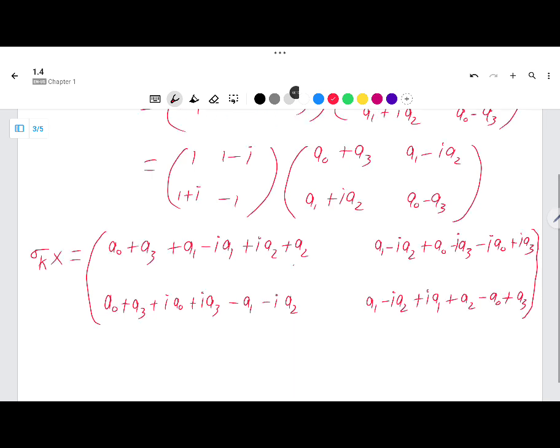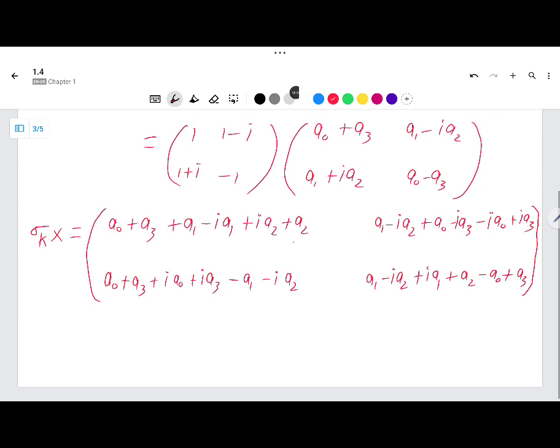All right. So when we take the trace of this, we will be summing up these diagonal elements.